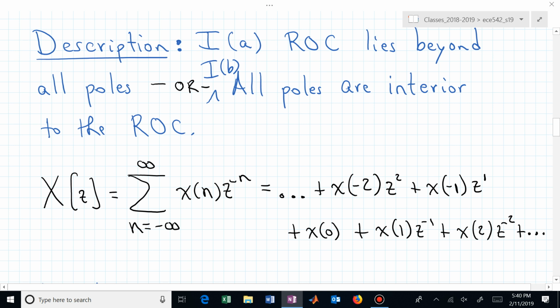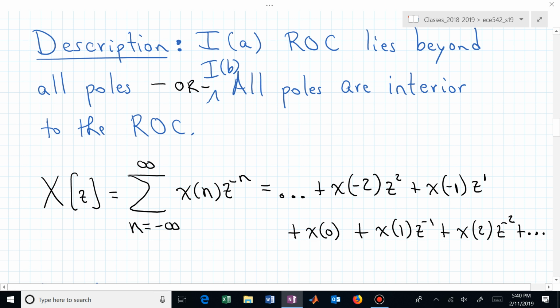Z is marching off to infinity because it's unbounded. Does that say anything about some of these terms? We want X of z to represent a bounded expression. Can capital X of z remain bounded with all of these terms present, if this region of convergence goes off to infinity?